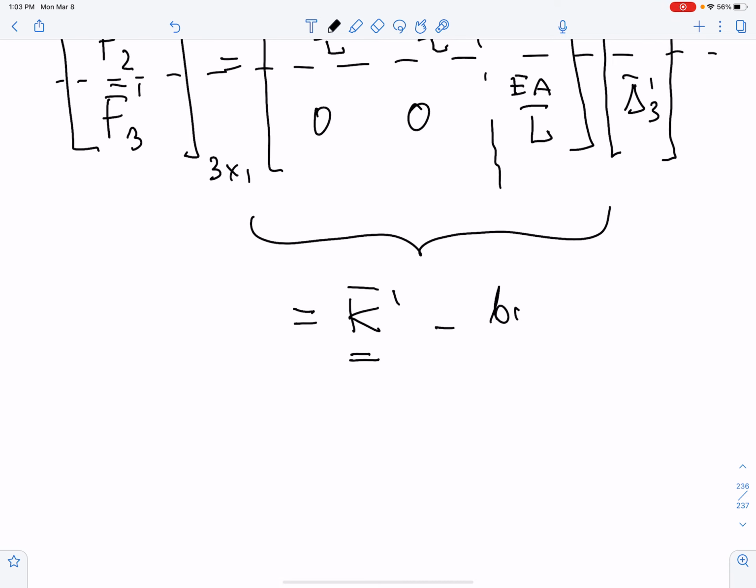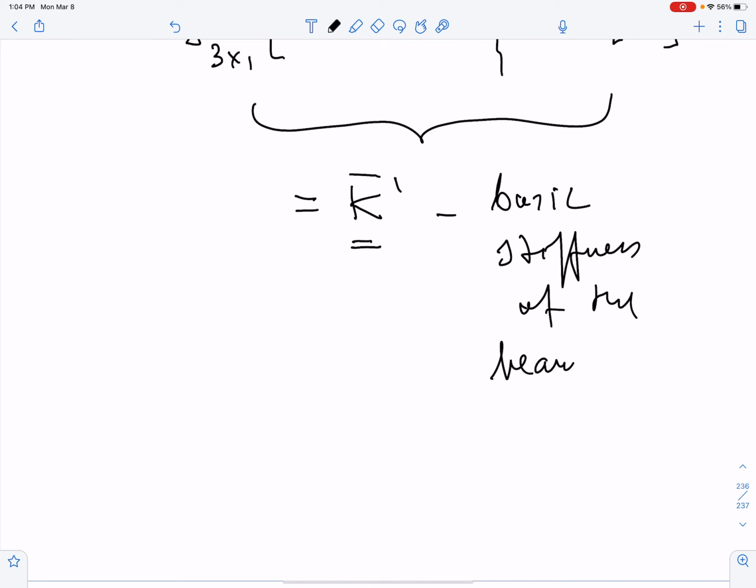And it's the basic stiffness of the beam column element, okay, that incorporates all of the differential equation and solution to that differential equation information. Good. All right.